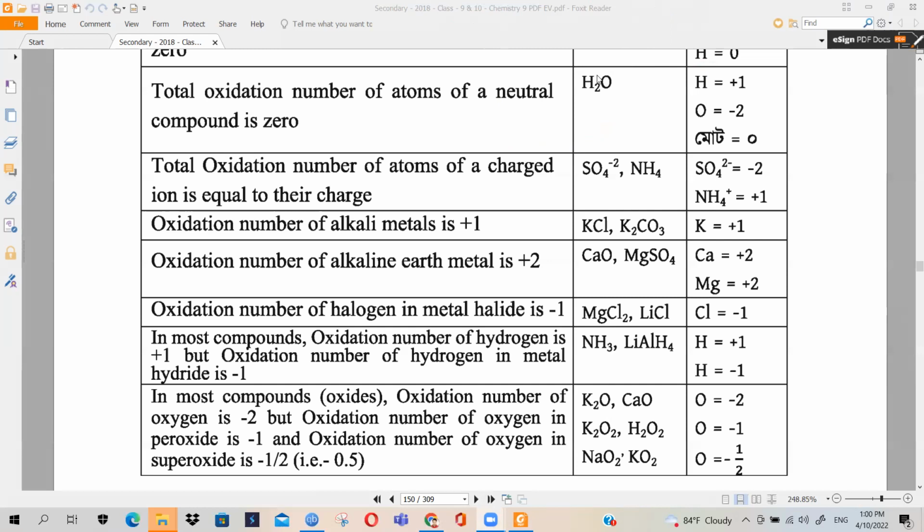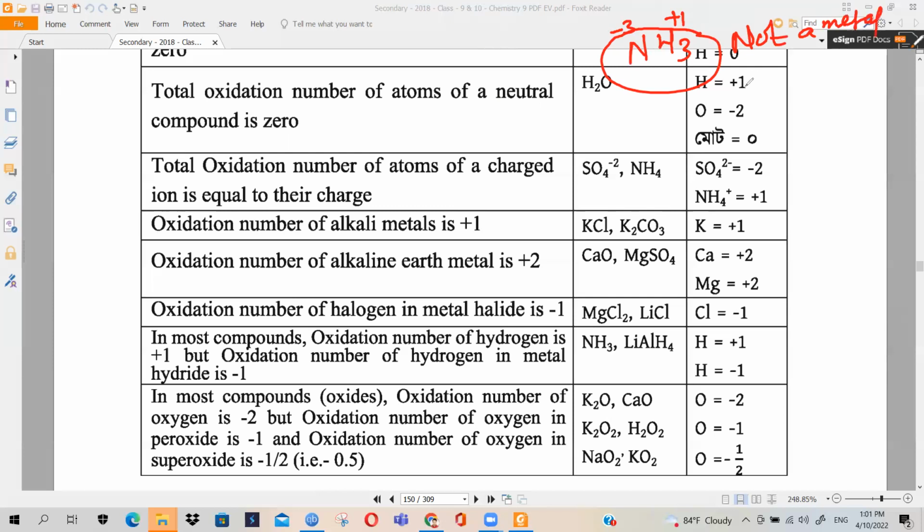In the case of metal hydrides, the oxidation number of hydrogen will be -1. But if they are not involved in any metal hydrides, it will be +1. Sorry for my mistake again, I was correct previously in the case of NH4 plus. In the case of NH3, you will consider nitrogen to be -3 and hydrogen to be +1, because it's not a metal hydride.